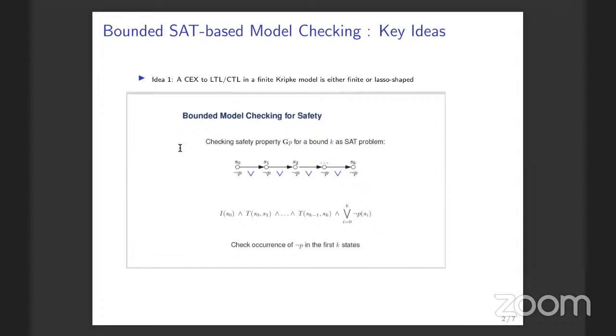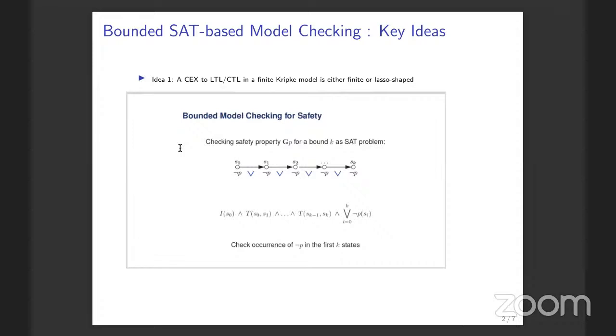The one key idea is to exploit the fact that a counterexample to an LTL or CTL property in a finite Kripke model is either a finite length path or is lasso shaped.